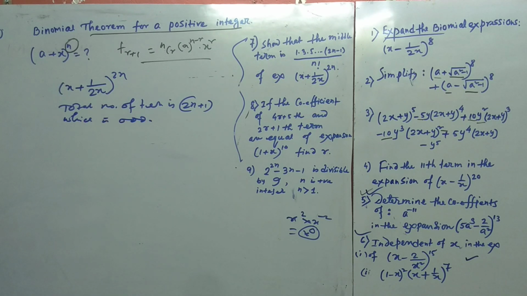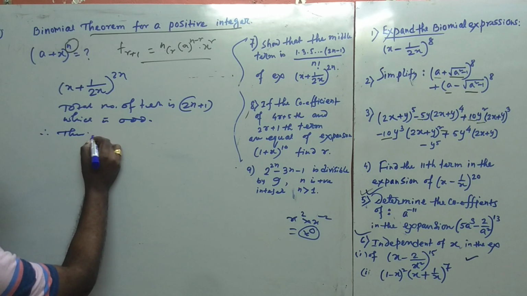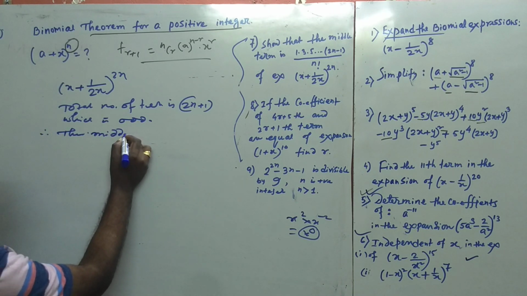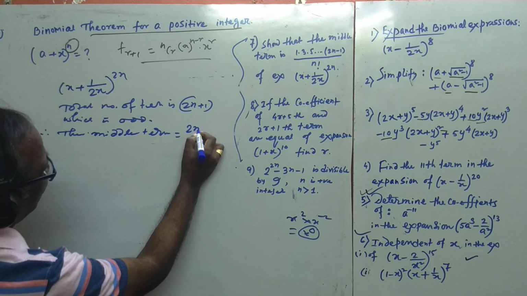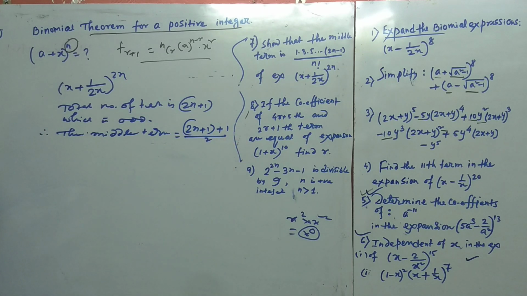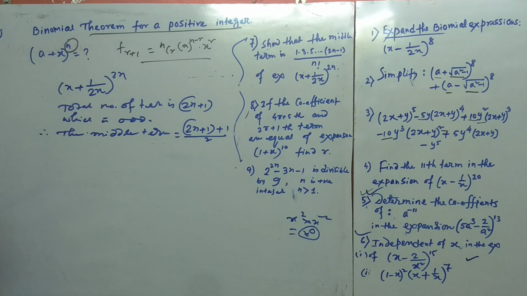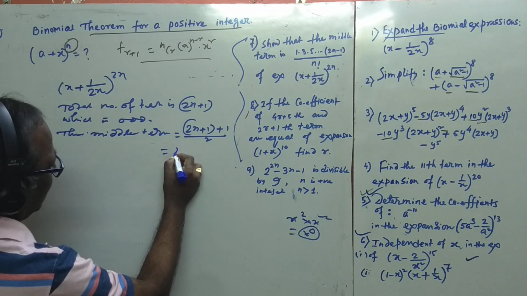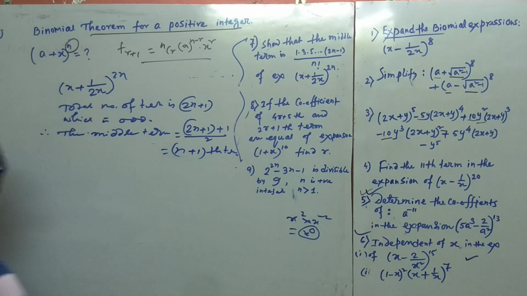So the middle term is equal to, according to theory, we said that if the number is odd, we always add 1 and divide by 2, that is the (n+1)th term. This is the middle term.